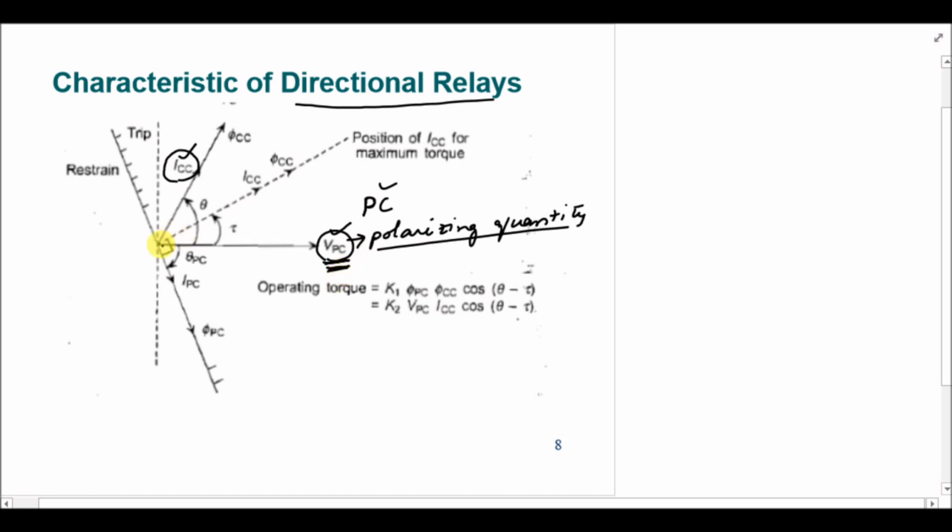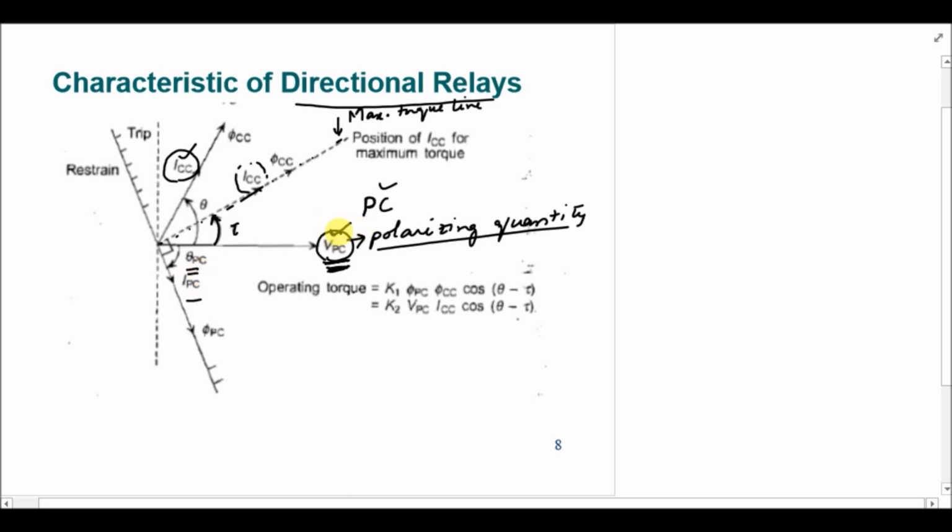Now there is an imaginary line that defines the maximum torque line, or defines the current ICC which will produce the maximum torque in the relay, and this ICC will be at an angle tau from the polarizing quantity, which is VPC. The angle between VPC and IPC is theta PC.